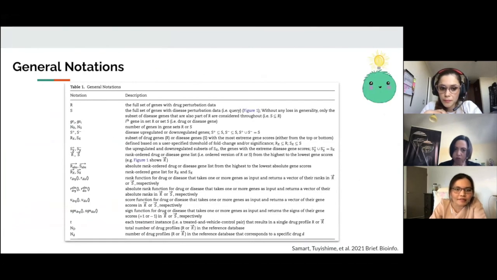Yeah, and it's like the way that we have the input information for disease and drug, like the way that we rank, whether the method needs a ranked list of genes or just the regular set of drug genes. As you can see here, we have some notation with an arrow above. This indicates that the input needs to be ranked based on the expression value of each gene.